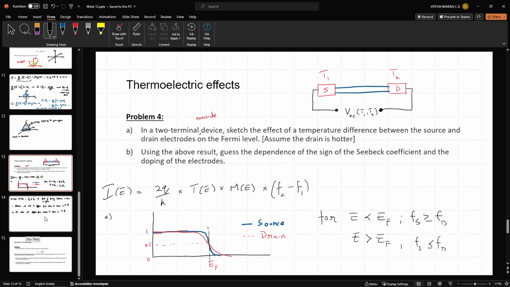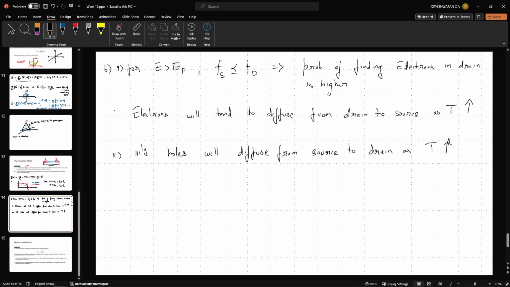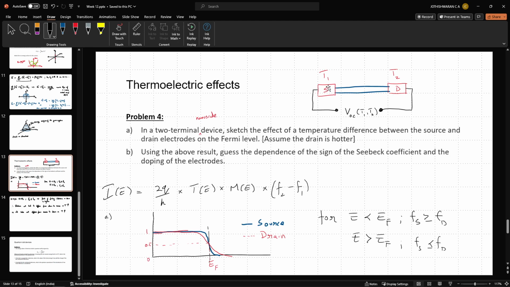Now what we need to understand is our convention for current. This is positive current. And by convention, positive current is hole current.